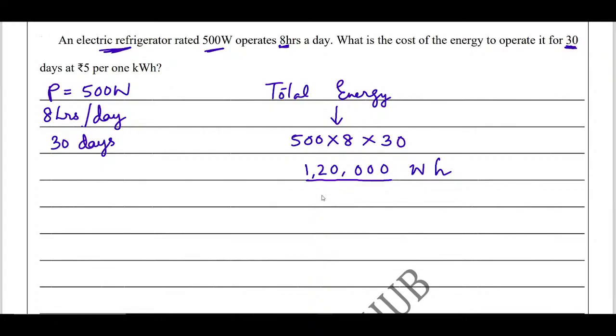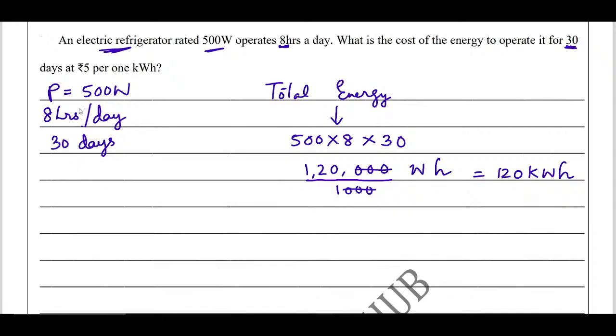To convert into kilowatt hour, divide by 1000, 3 zeros cancel. What we get is 120 kilowatt hour. What is the total energy consumed by the refrigerator for 30 days? It is 120 kilowatt hour.